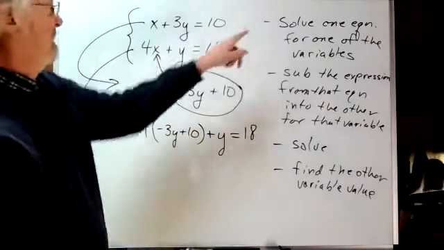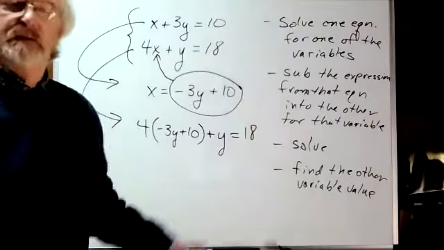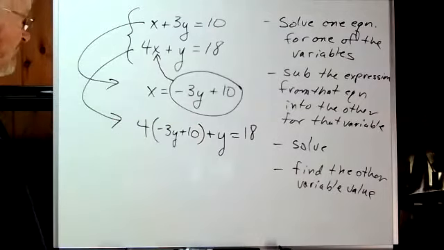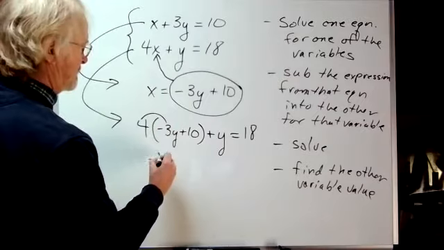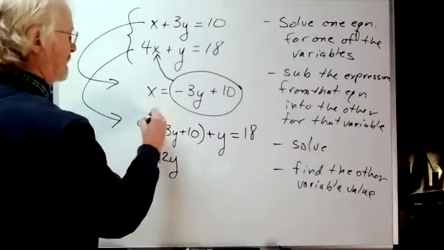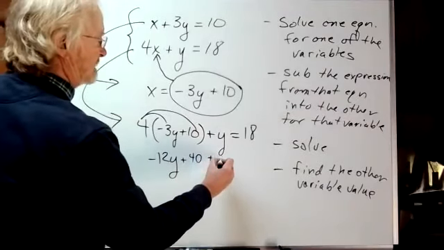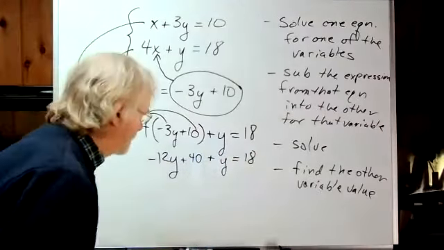So there, I solved. Now I substituted. Now I'm going to solve this equation, which only has y's in it. Carefully distributing, right? 4 of these. 4 of those, plus 40, rest of the equation. There we go.